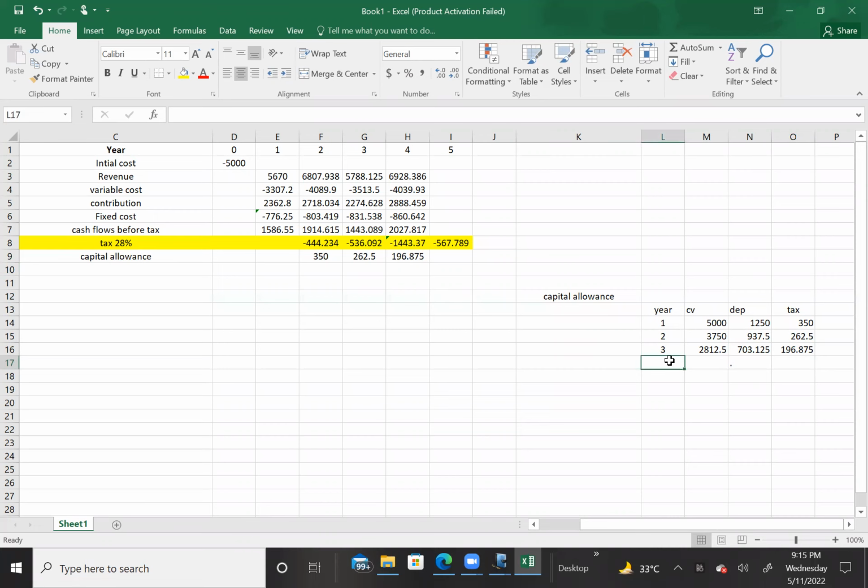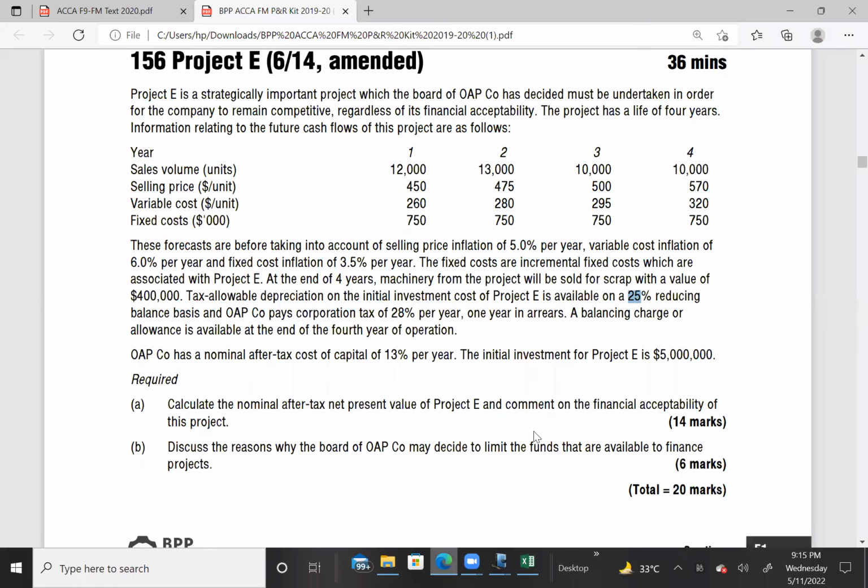Now we have the last year, year 4. In the last year, we will determine the carrying value first, equal minus this. So we have 2109.375 carrying value. Now the sale proceeds, if you look at the sale proceeds, are 400. 400 are the sale proceeds.